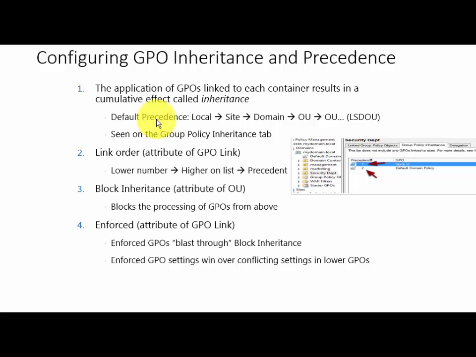If there are two policies, one is policy number five and one is policy number one, they are conflicting. Microsoft tells GPO the decision is whichever is number one, whichever is the lower number. Implement that and ignore the bigger number. It doesn't matter that it was implemented recently and that the other was implemented two years back. So you can make the other policy number one and make this policy number 5.